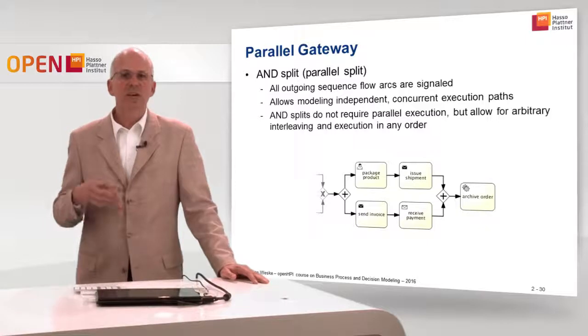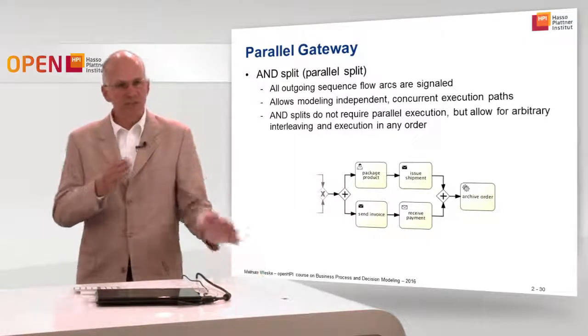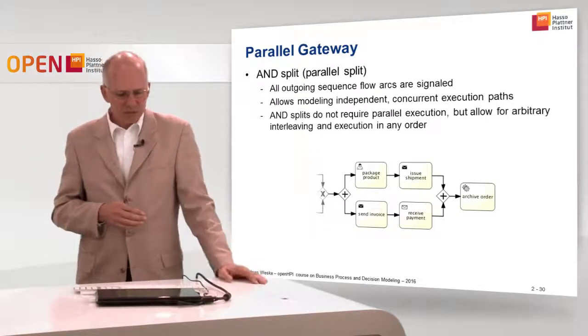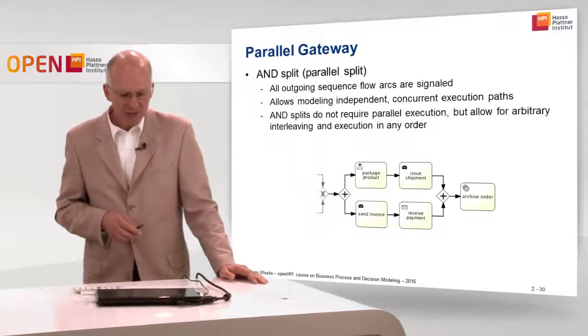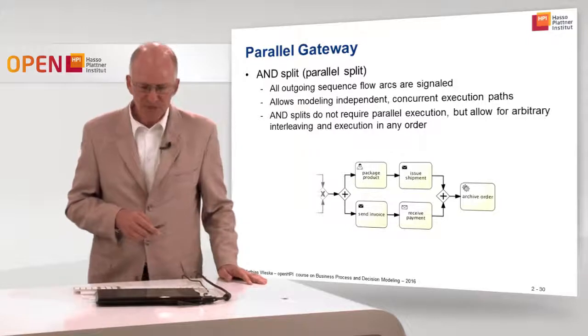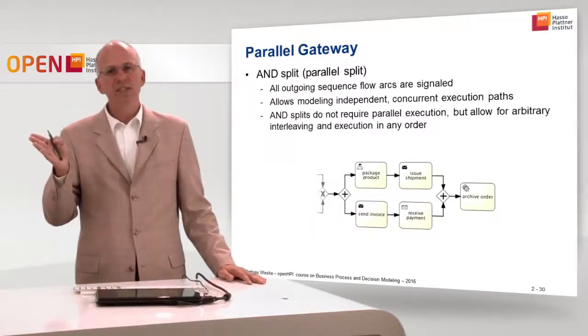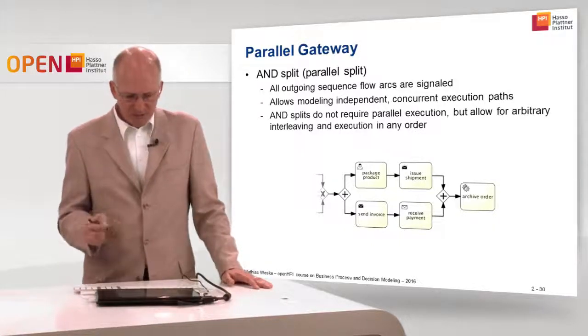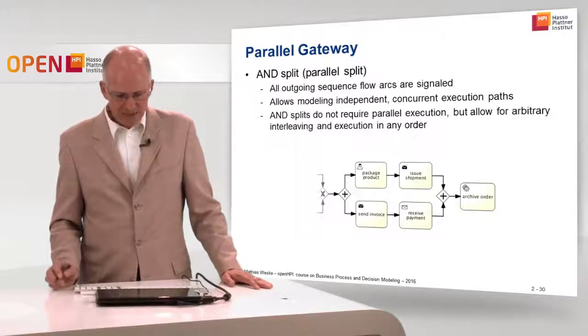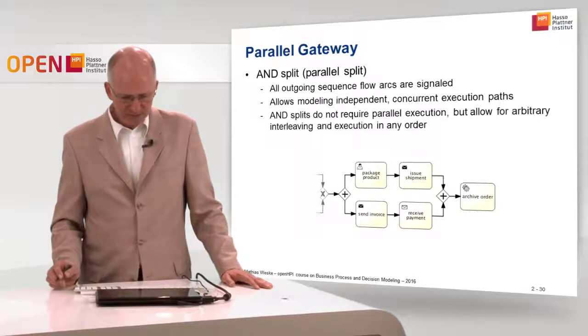And to express concurrency or independence of execution strands, we use the AND split or the parallel split. In the AND split, all outgoing sequence flow arcs are signaled. So it's not just one selected, but all are selected and all are signaled. And this allows modeling independent concurrent execution paths.